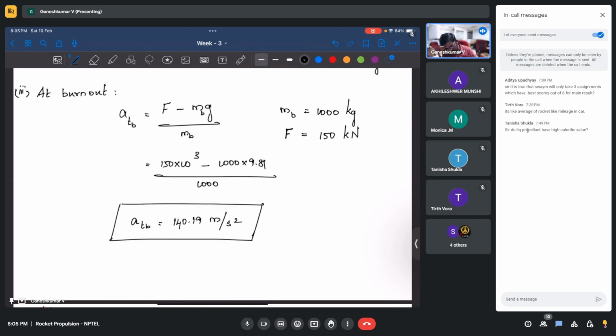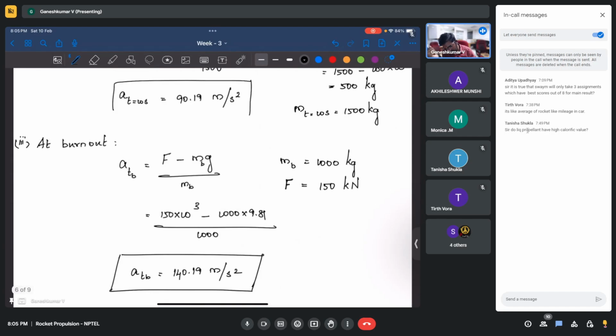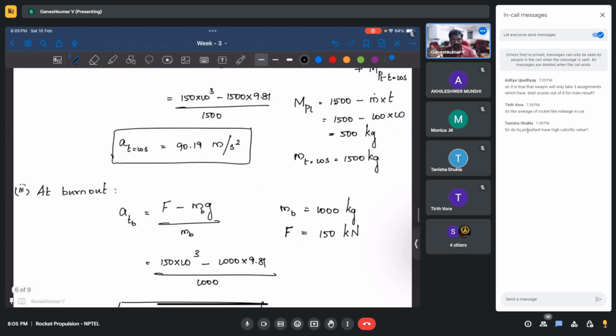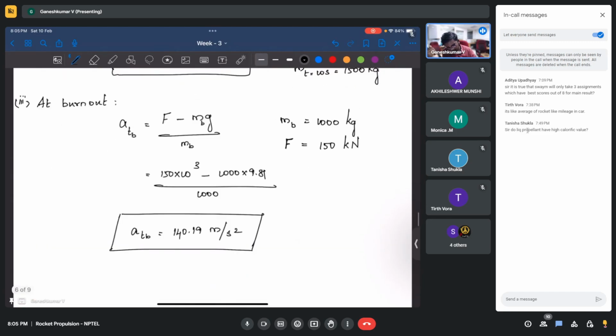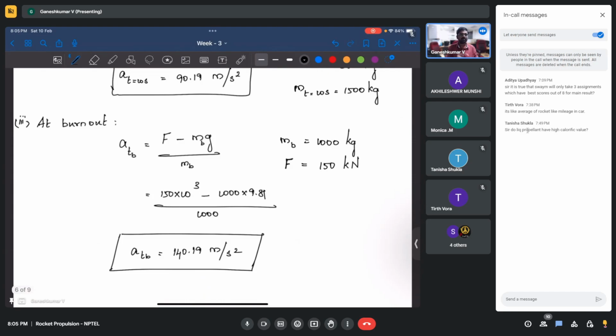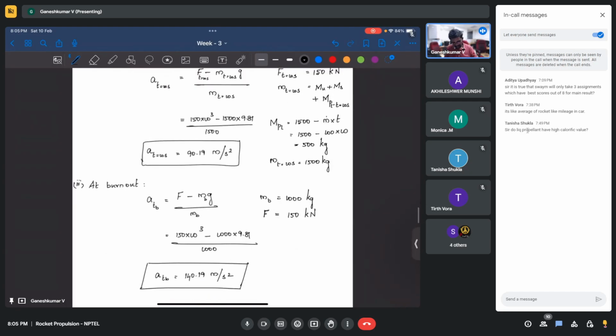So as you can see, the acceleration keeps on increasing during the operation, not because the force is changing, but because the mass of the rocket is changing. That is why this question is interesting.